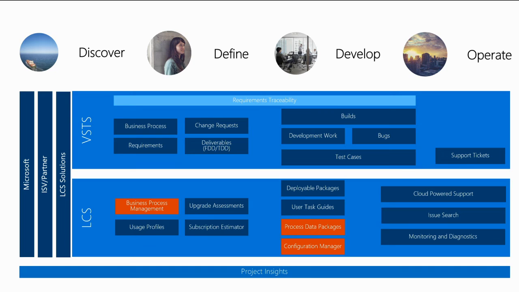And then process data packages, which allow you to relate data packages back to business processes to help guide you through a configuration experience. Okay? So I'm going to step through each level of it now and give you some context on how you build them and also how you consume them.